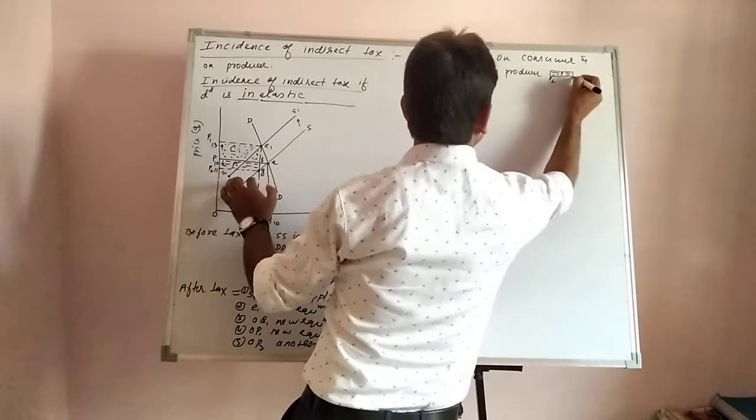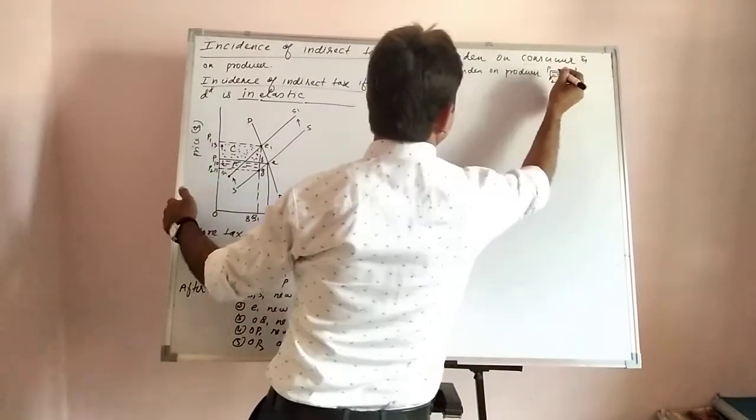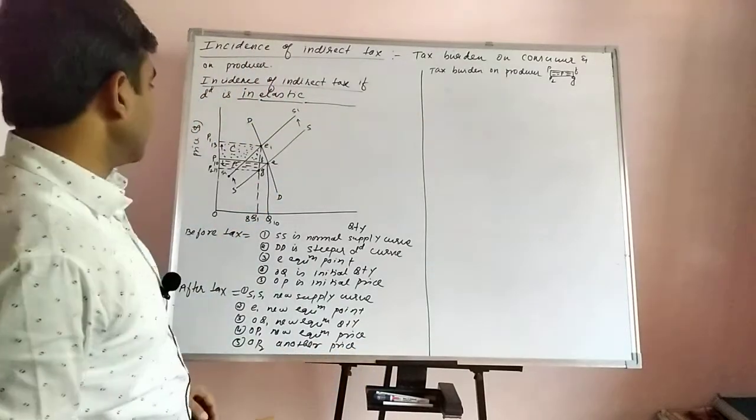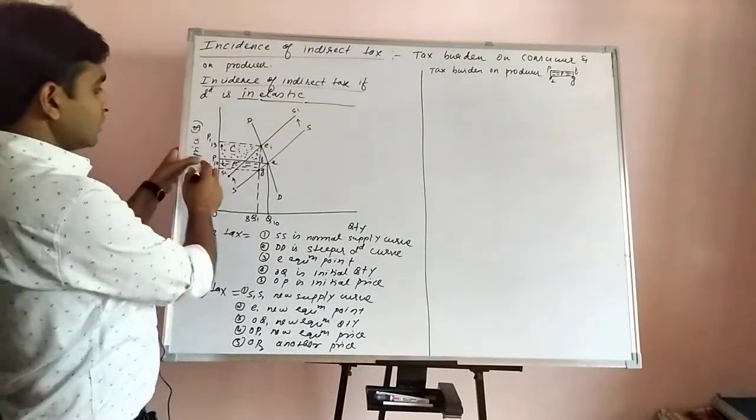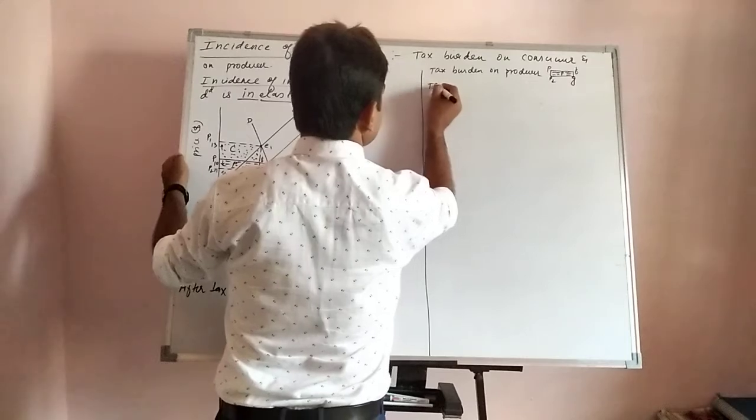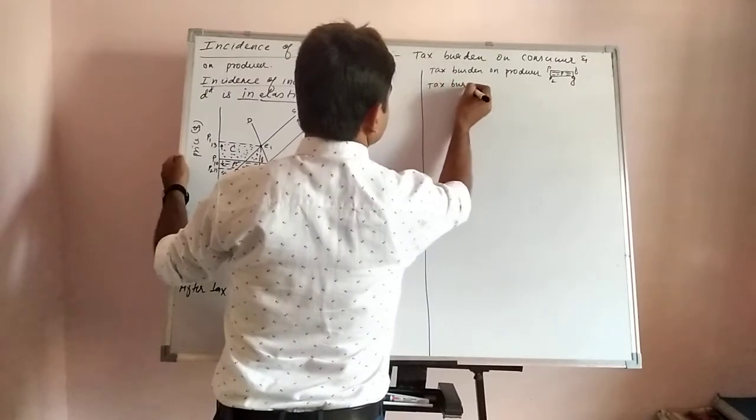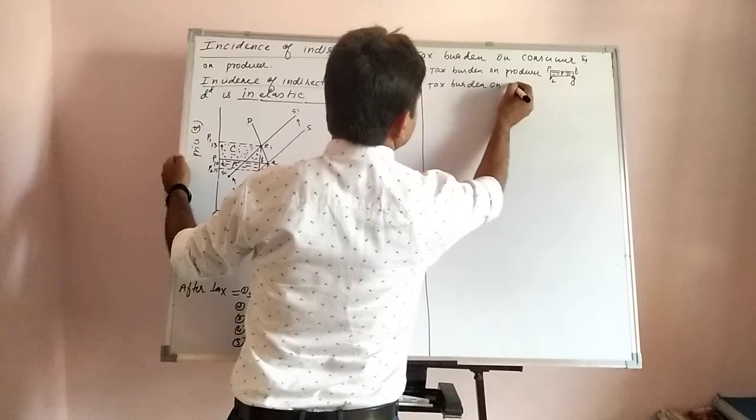So this is the tax burden on producer, and the tax burden on consumer we'll mention here.